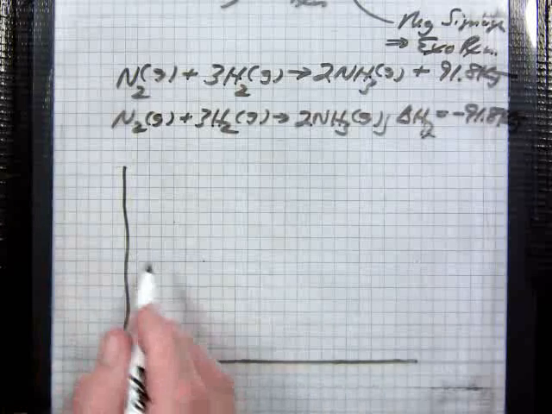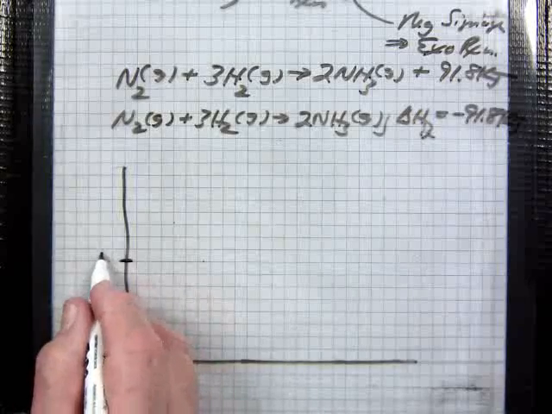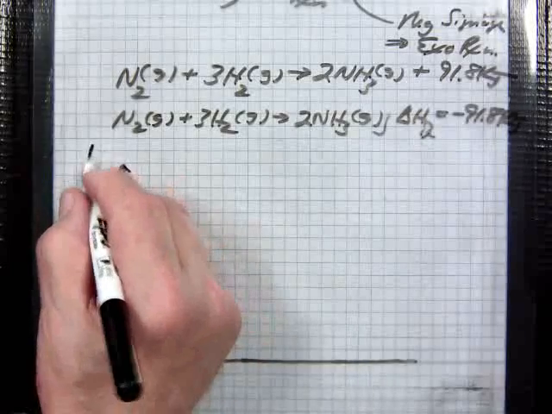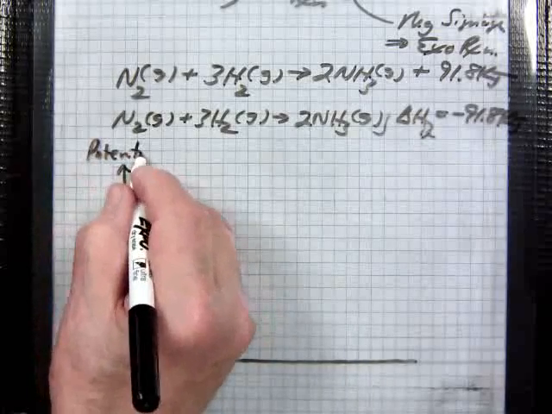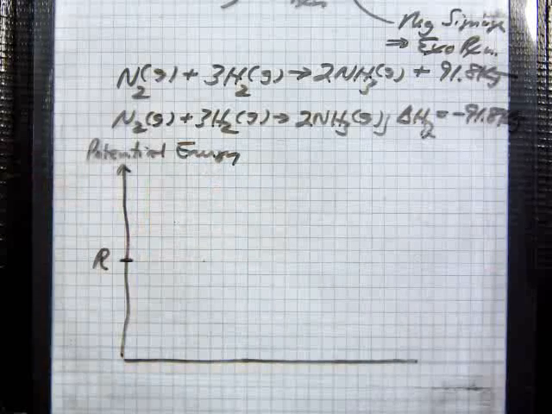Okay, if you start, say, here is the reactant energy. This is potential energy. I call it positional energy.